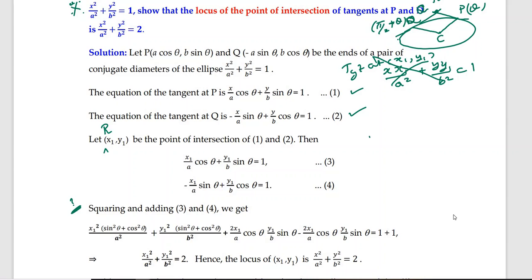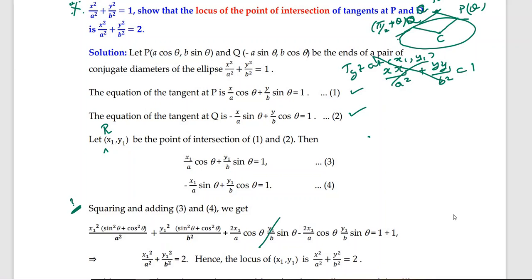If you consider that, then you have x1 square by a square cos square theta, and here x1 square by a square sin square theta. So x1 square by a square, when taken out, sin square plus cos square theta you have, and the same way here also. Then for the cross terms, here 2 x1 y1 by ab sin theta cos theta, here minus 2 x1 by a cos theta into y1 by b sin theta, and on the right side you have this.